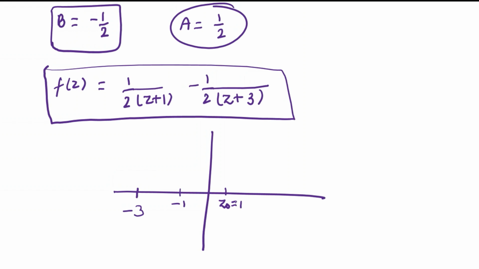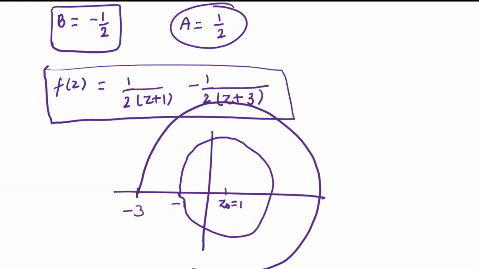So draw a circle around z naught equal to 1 which passes through z equal to minus 1. And drawing a circle about z naught equal to 1 which passes through z equal to minus 3, it will be something like this. So let's say this is region 1, this is region 2 and this is region 3.